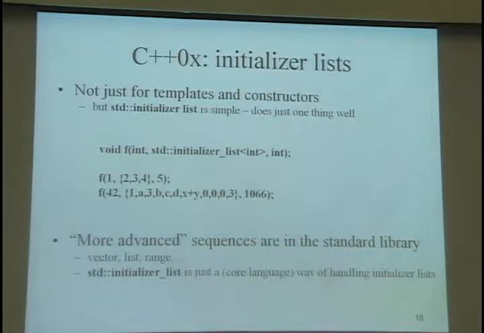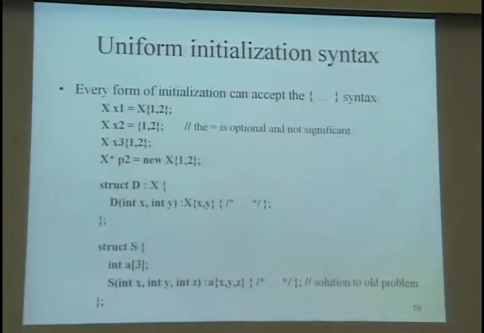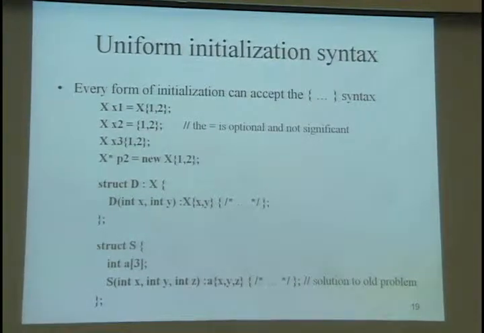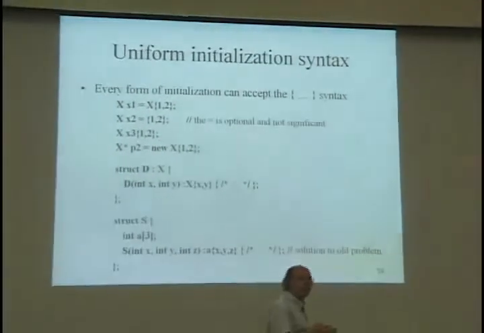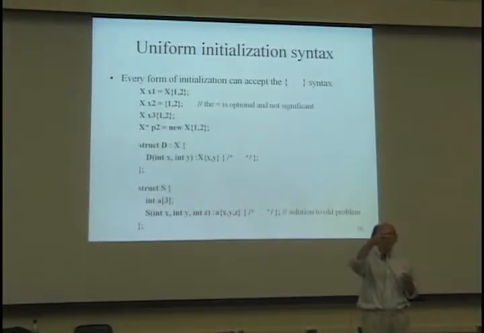Now, one of the things people wanted out of this was a more uniform syntax. And since we are now starting to initialize with curly braces, we addressed the problem of there being too many ways of initializing things in C++. You can initialize with assignment syntax, you can initialize with parentheses.